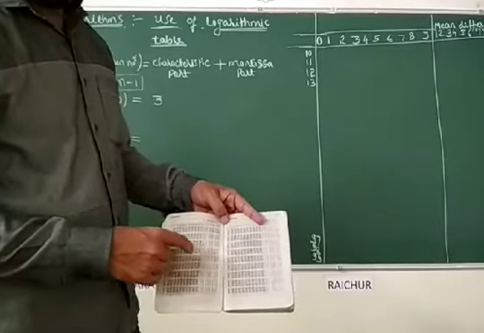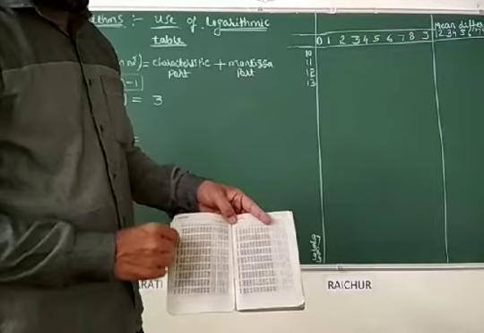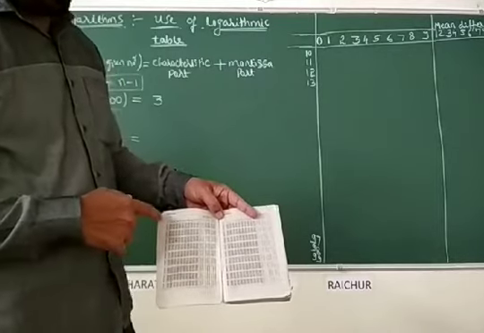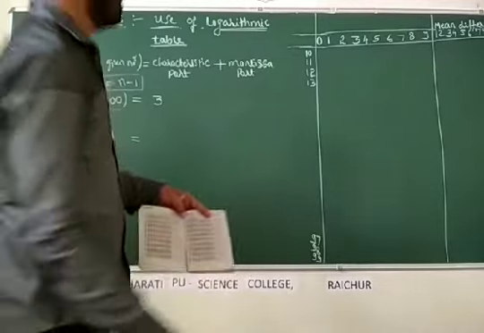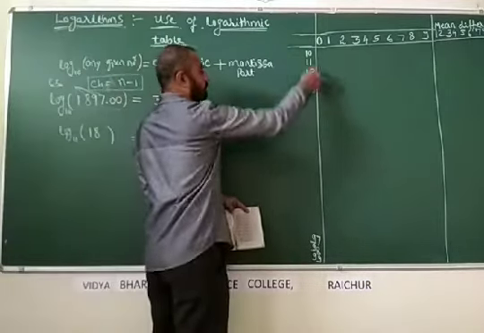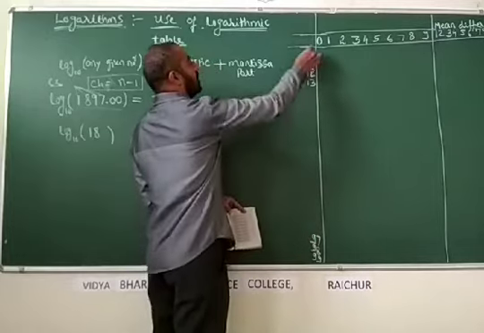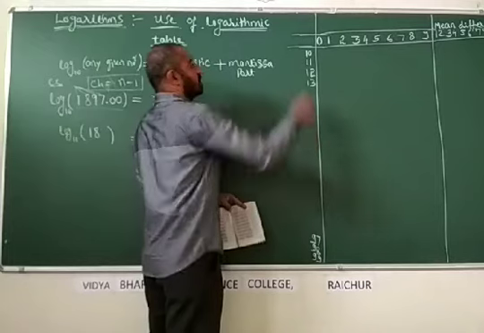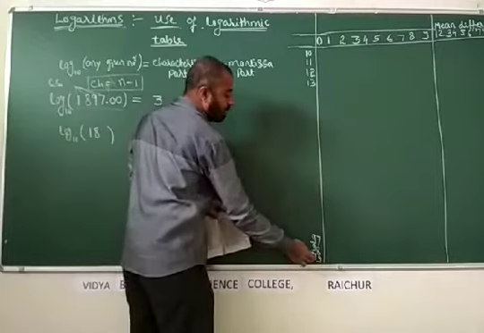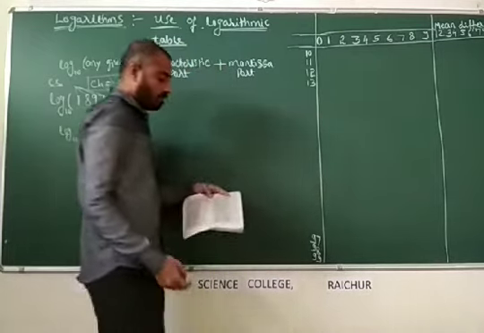Overall, in this logarithmic table, its extreme left column starts from 10 and ends with 99. That only I have shown here on the board. The left column starts from 10 and ends with 99.